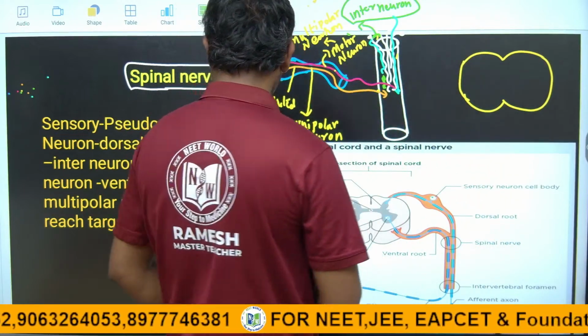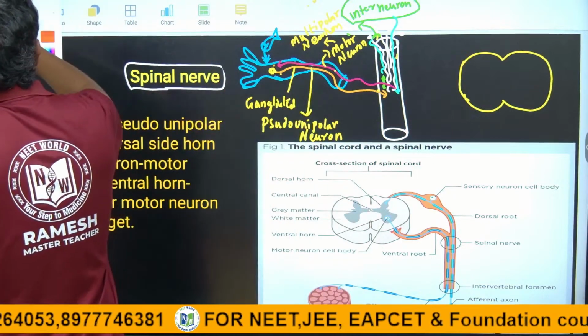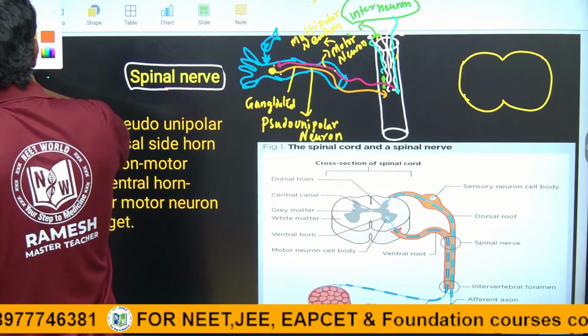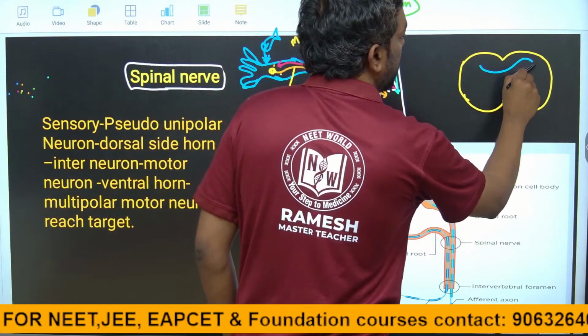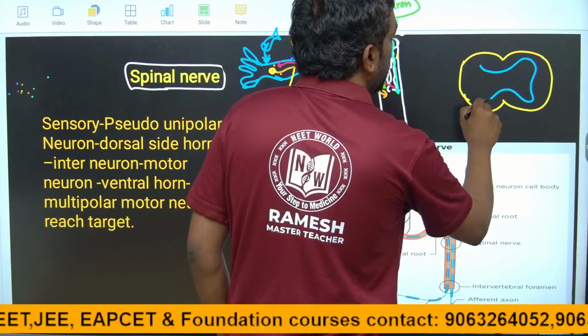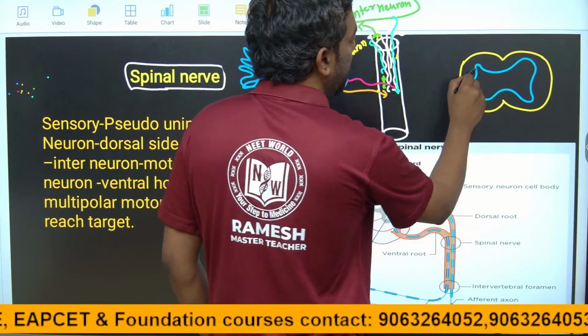Okay? Yes. In the spinal cord, there is white matter and gray matter. The middle part is gray matter.